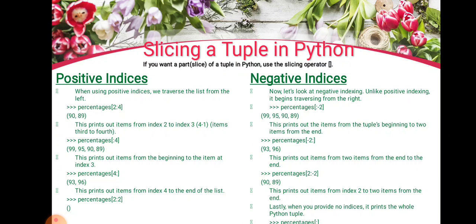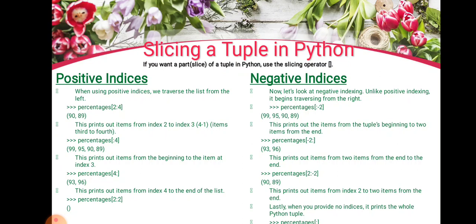If you give percentages of -2 colon with no end, it starts at -2 and all elements until the end will be printed. It prints the last 2 items from the end of the tuple.